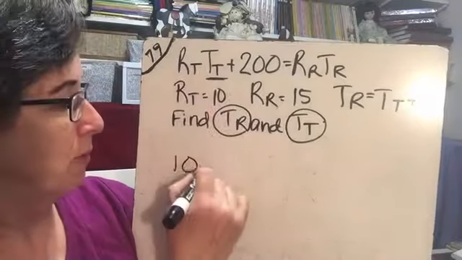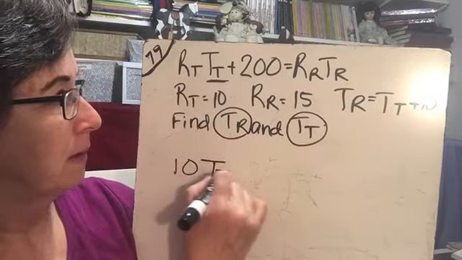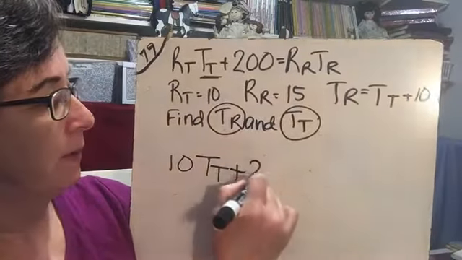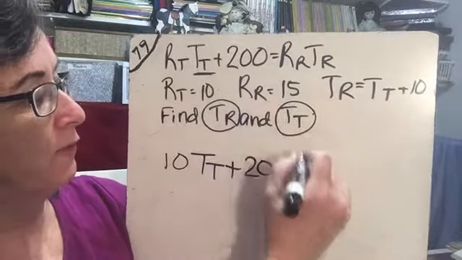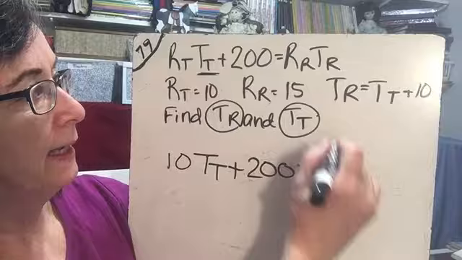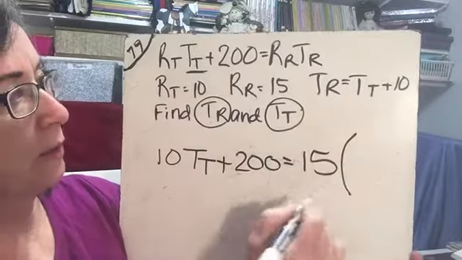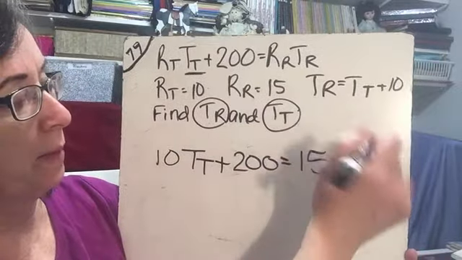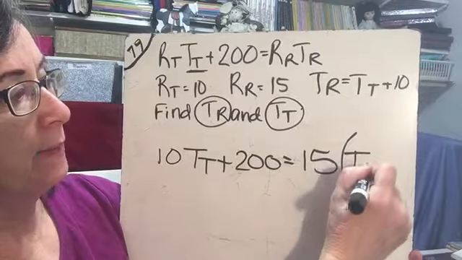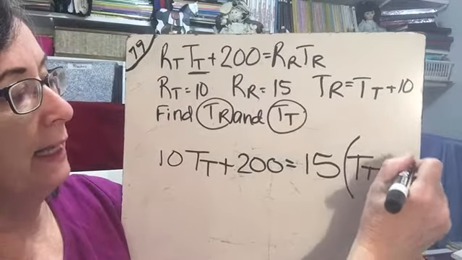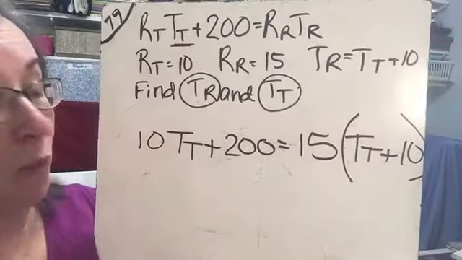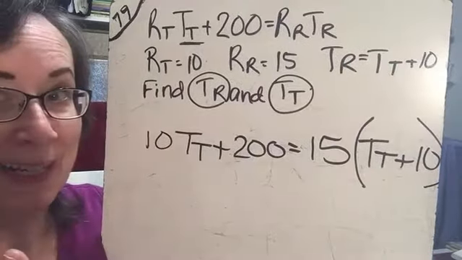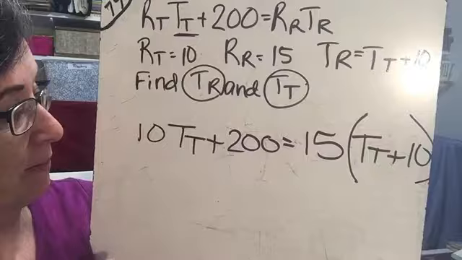T sub t we're going to keep. Plus 200 equals R sub r, which is 15, times T sub r, which we're going to pull out and put T sub t plus 10. Now, we have one equation and one unknown, which means it's solvable, right?